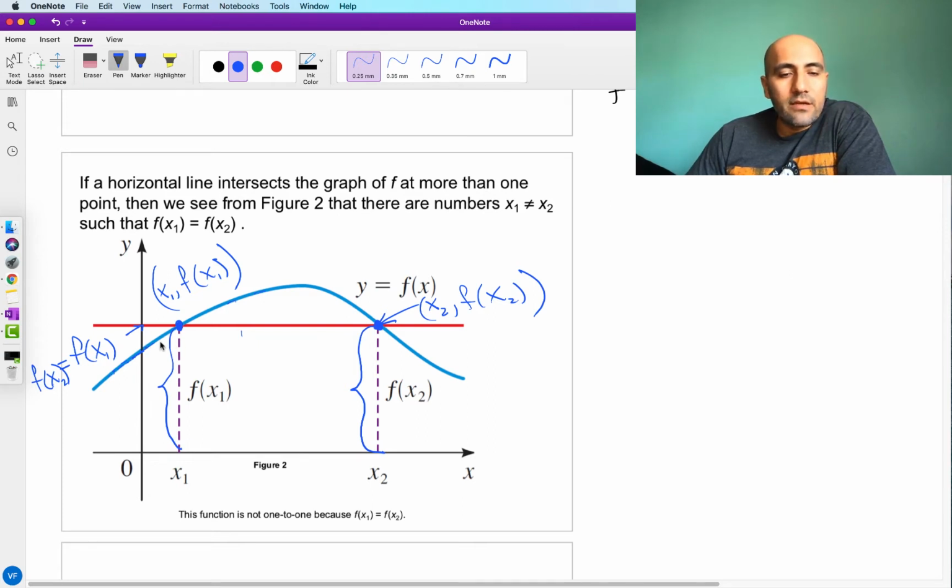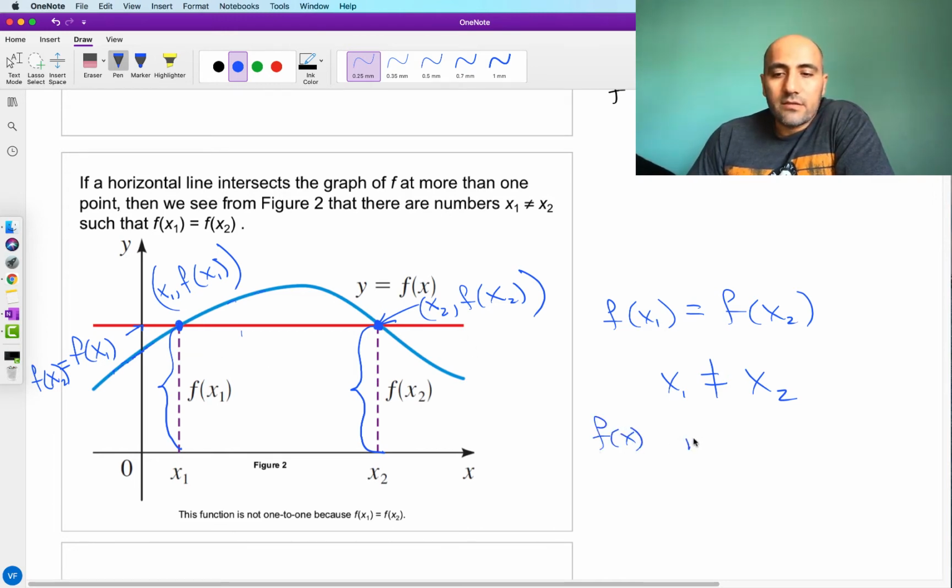So what we have here is that this red line confirms one place where the function has the same outputs, f of x sub 1 equals f of x sub 2. However, clearly x sub 1 does not equal x sub 2. So we have proven that f of x is not one-to-one.